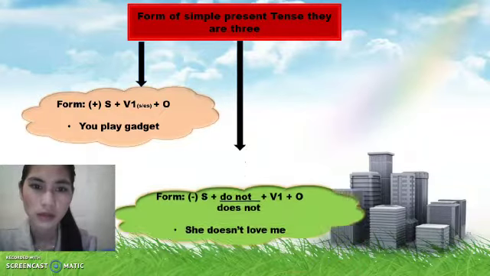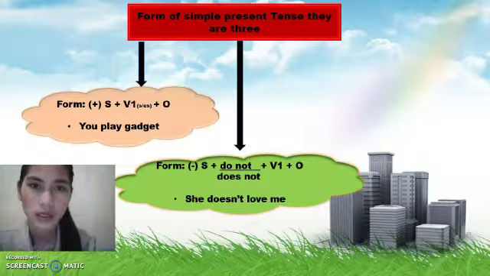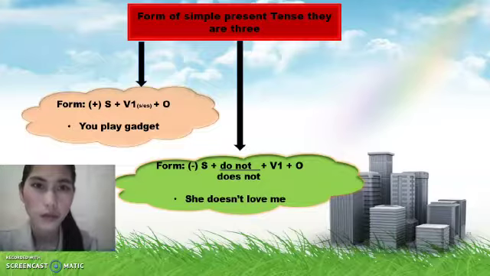The next is form of negative is subject. Subject is I, you, they, we, she, he, it, plus do not or does not, plus verb 1, plus object.